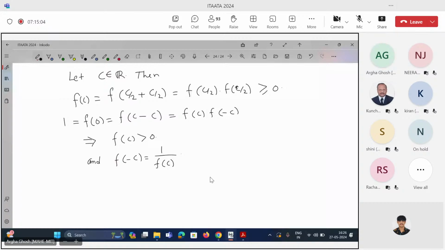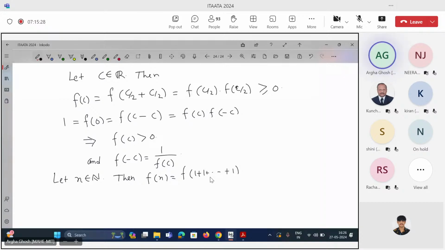So let's say n belongs to the set of natural numbers, like we did in the last case. So what we can write, then, is f of n can be written as f of 1 plus 1 plus ... plus 1, how many 1s? There are n numbers.